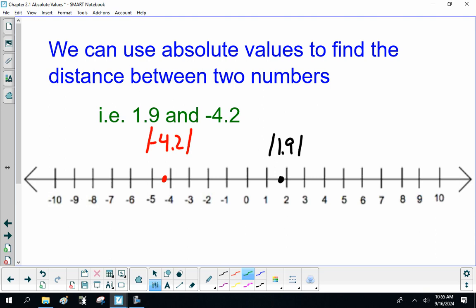Well, this is 4.2 units, and this is 1.9 units. That's 4.2 plus 1.9, which is 6.1. Okay, remember that.